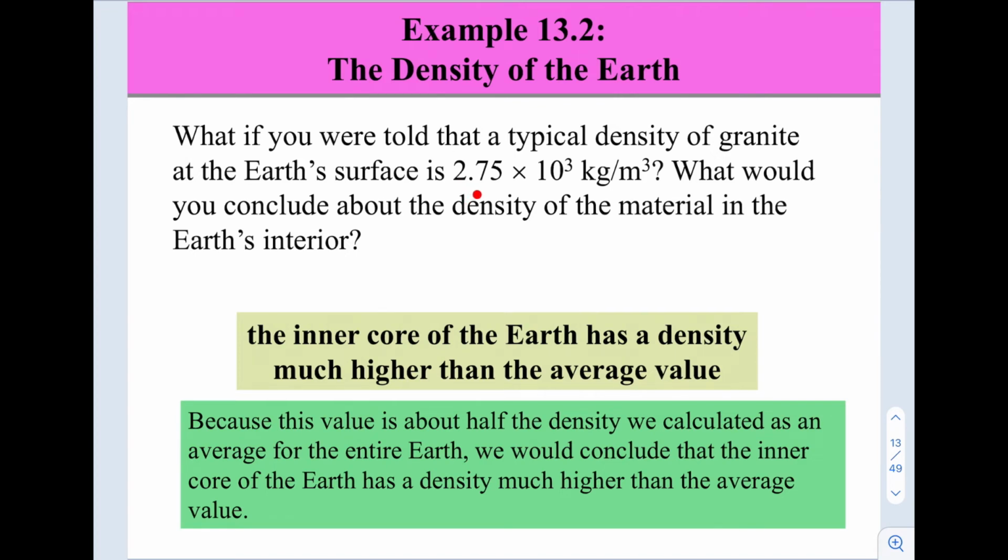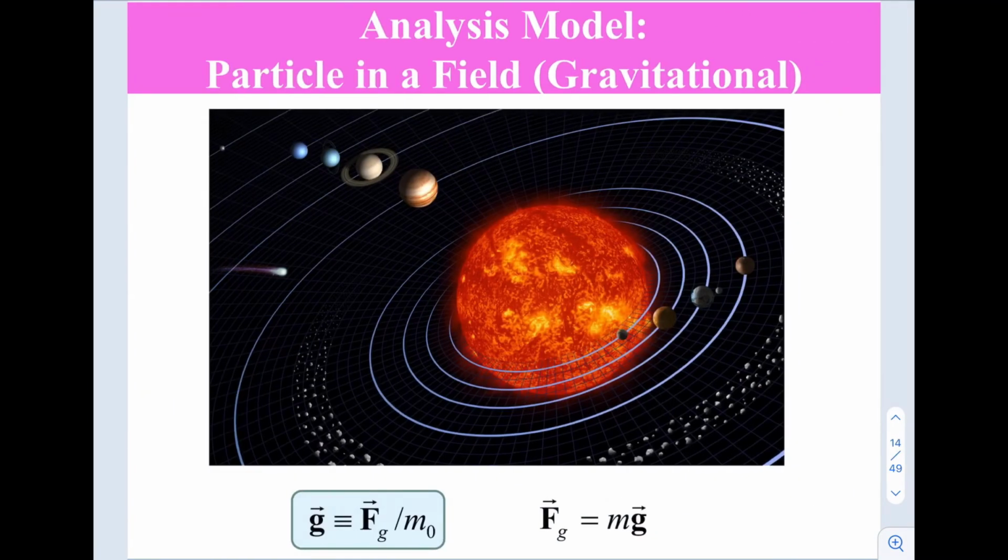If it's only one type of material, it is already half of the overall density of the Earth, so how about the rest of the metals? We can conclude that the inner core of the Earth has a density much higher than the average value that we calculated in part A just now.